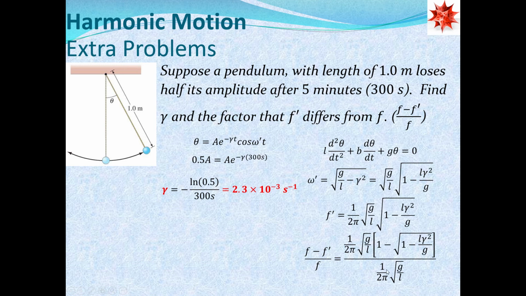So this 1 over 2 pi root g over l and this one are going to drop out. So what we end up getting is this. This big bracket here is what I actually want to focus on. So we need to analyze what is 1 minus root of 1 minus L gamma squared over g.